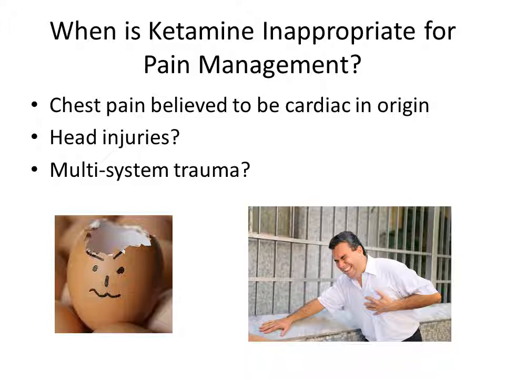Ketamine administration can mimic compensated shock, which may then mask early signs of shock in a patient with multisystem trauma. This is, however, a relative contraindication, and again, the specific events on scene and specific patient presentation, along with medical control consult, will dictate the best course of action.